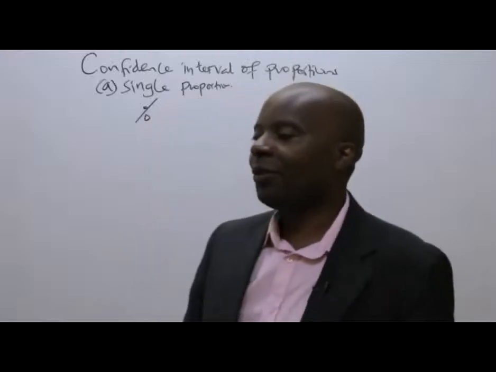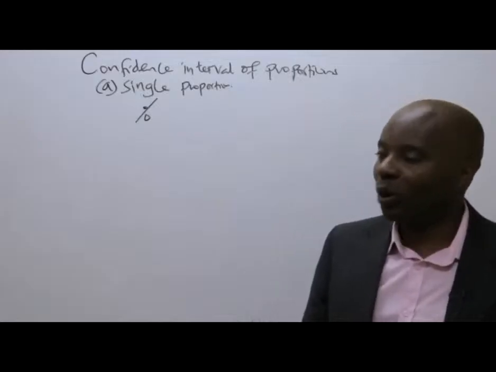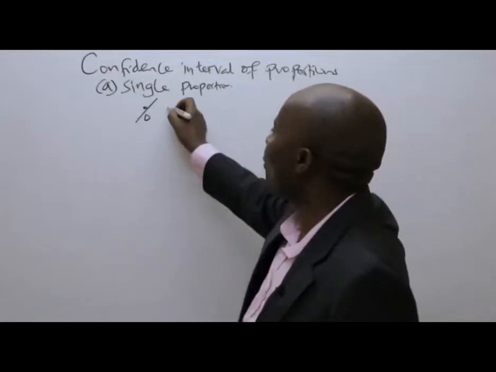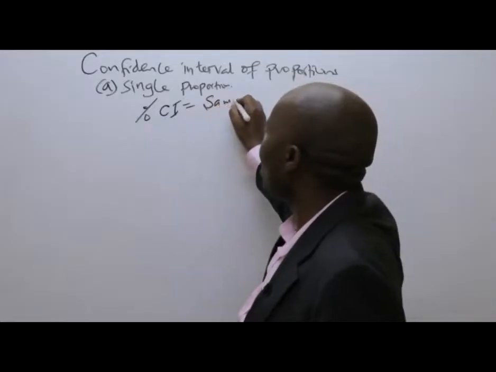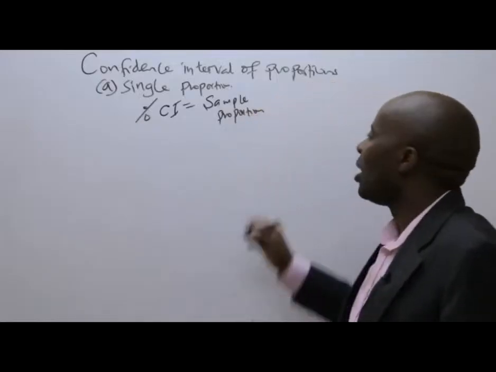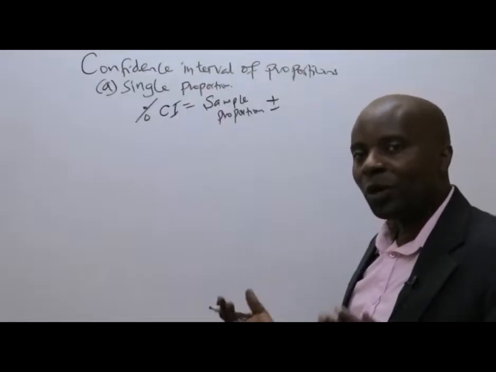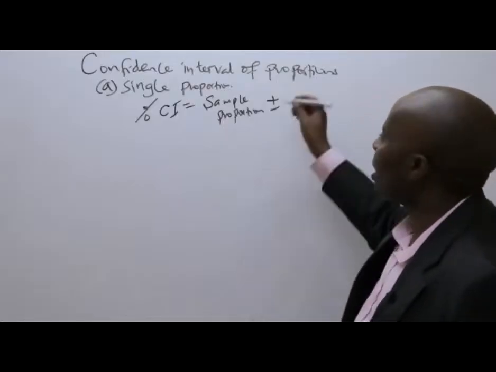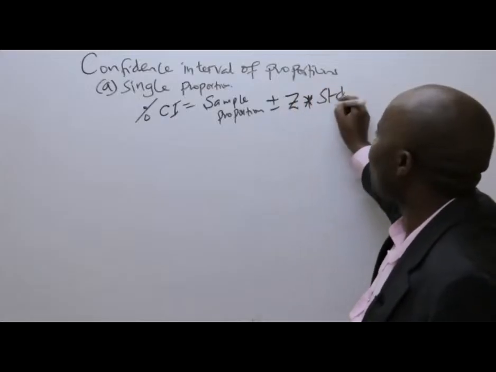So, ladies and gentlemen, to get the percentage confidence interval of a single proportion, it will be equal to the sample proportion plus or minus the test statistic. For now, we are looking at large samples, so the test statistic will be Z. So Z times what we call the standard who?